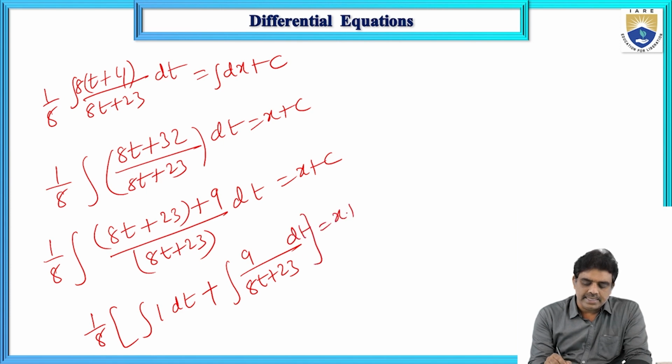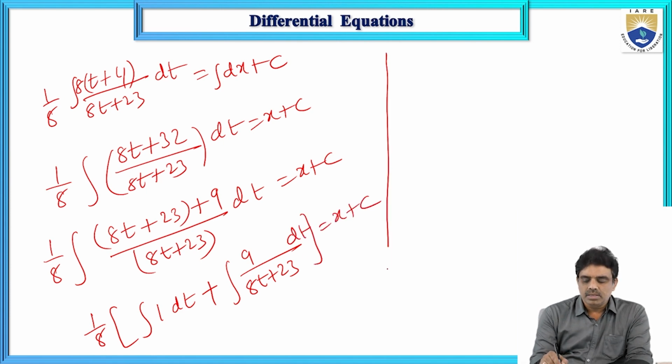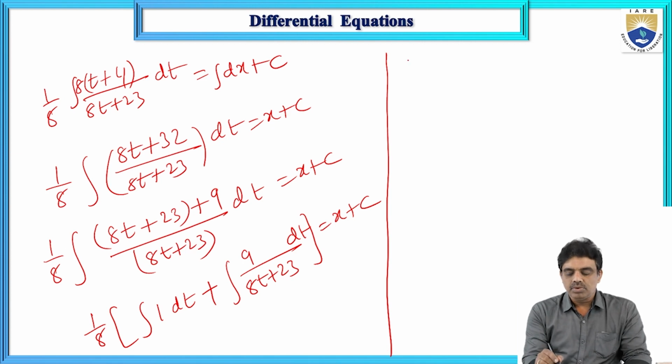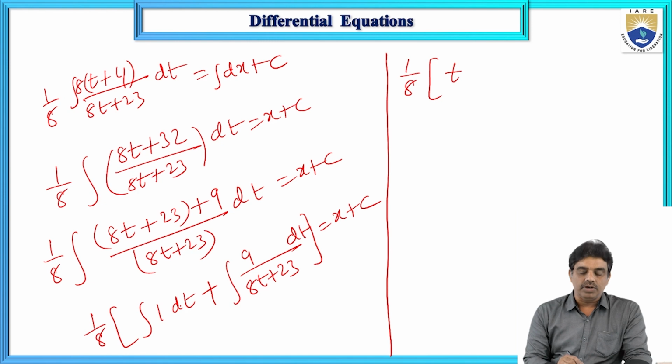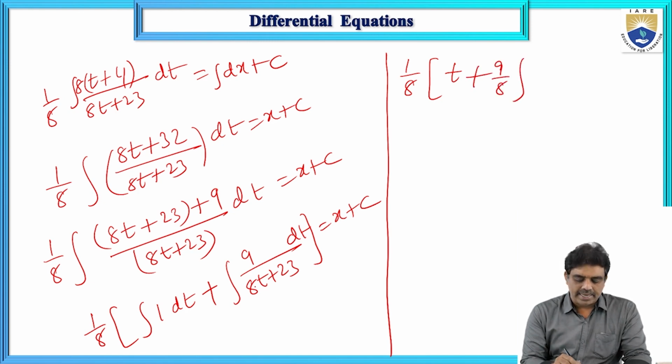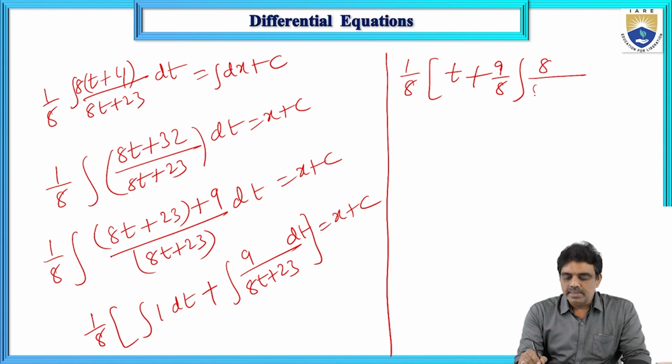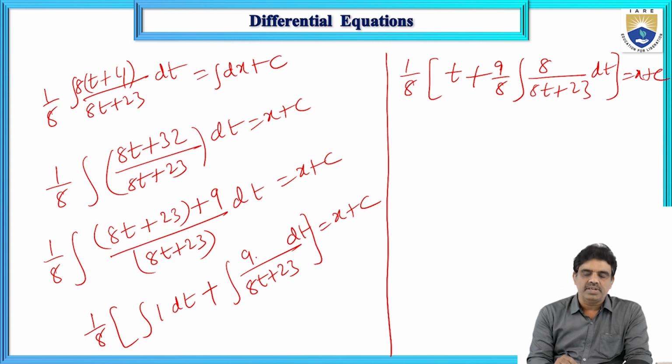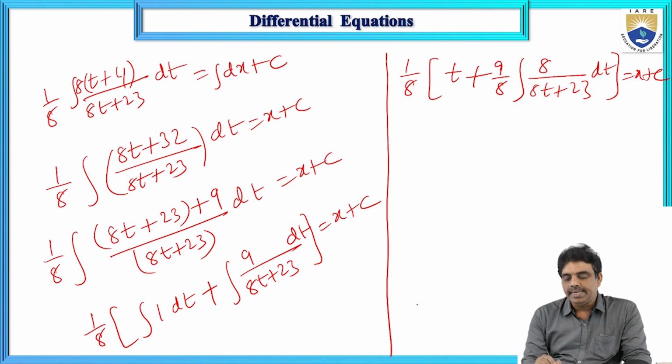On the right hand side it is x plus c. So this is equal to 1 by 8 into integral dt, that is equal to t. For the second term, for our convenience, I am taking 9 outside and dividing by 8 and multiplying by 8.